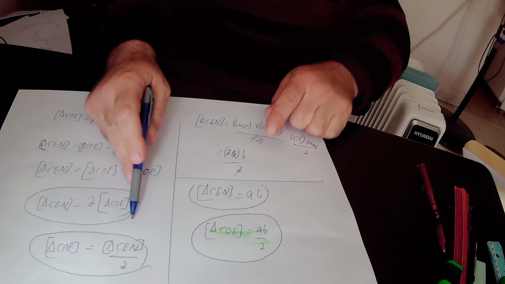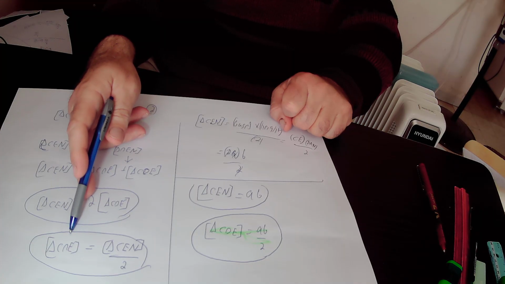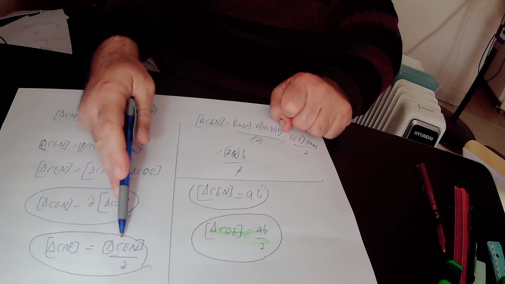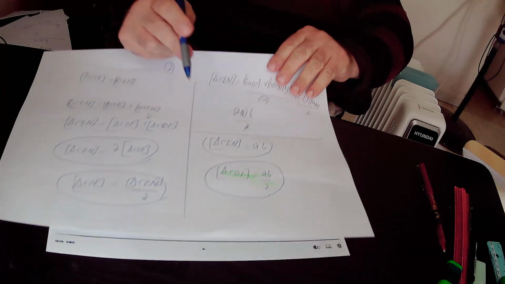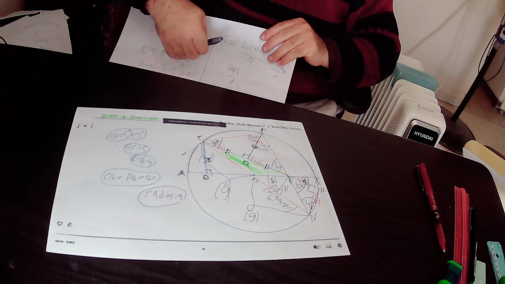But CEN is AB, so we substitute CEN by AB. So the area of the green triangle COE equals AB over 2 square units in size.